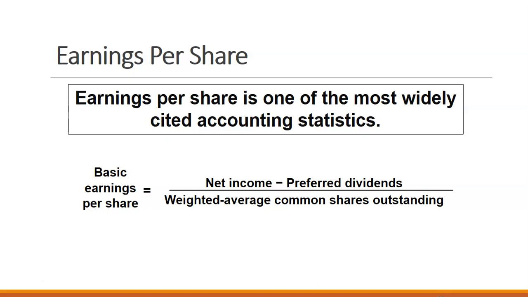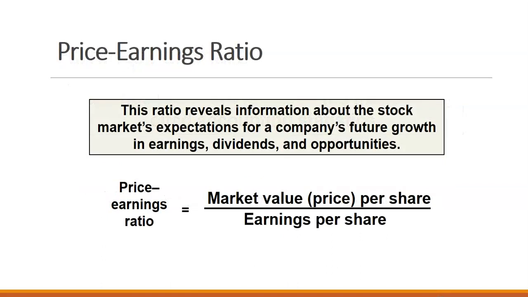It's included in a line under their income statement. So we have the basic earnings per share equals our net income minus preferred dividends divided by the weighted average common shares outstanding. So what this says is what is the net income available to individual shareholders, or what does the company earn that could contribute to shares?